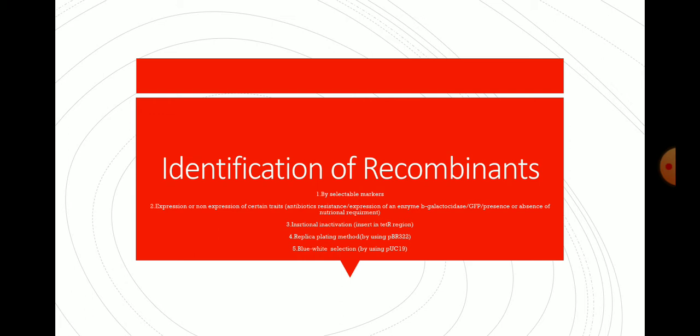Recombinants are those DNA, plasmids, or host cells which have a foreign gene or foreign DNA. They are also known as transformants.